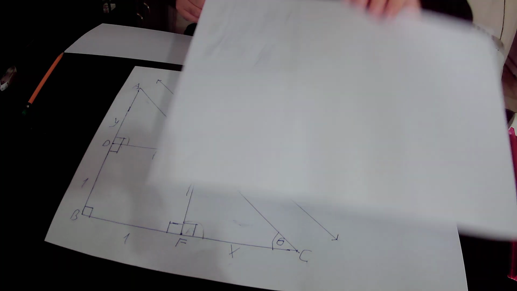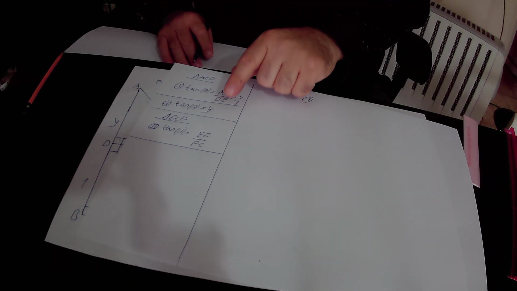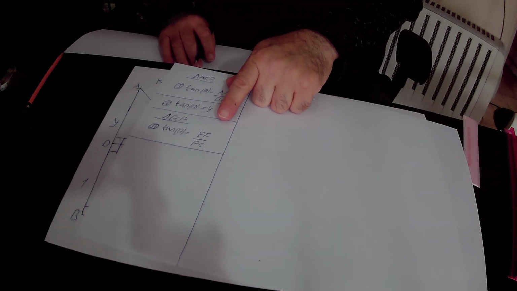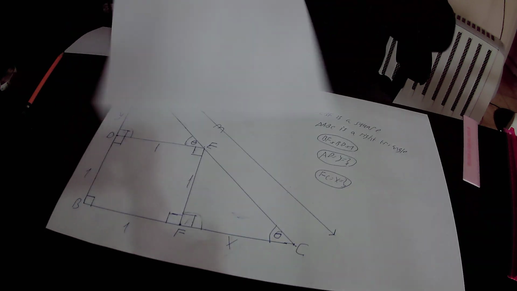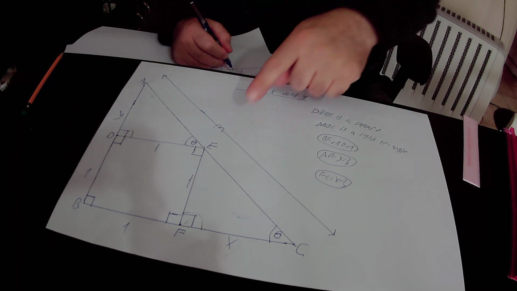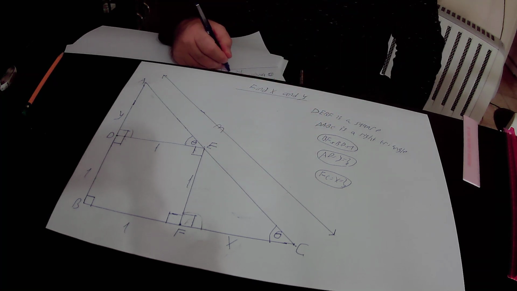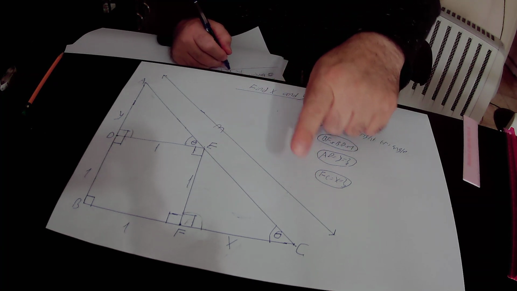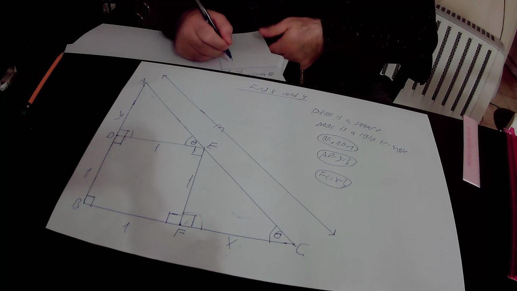But EF equals 1 unit and FC equals X according to what is given in the question.